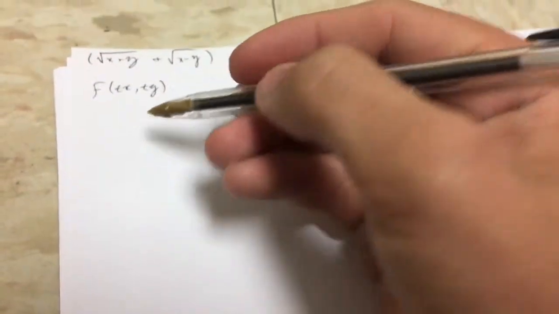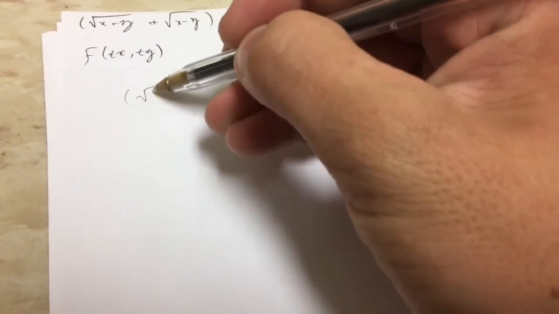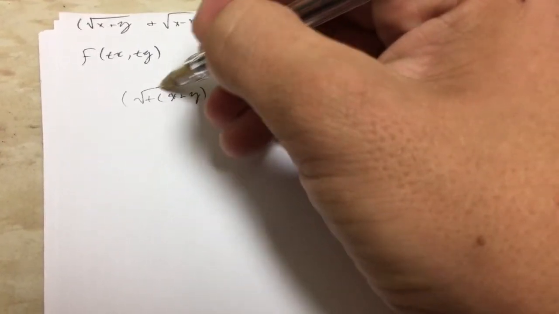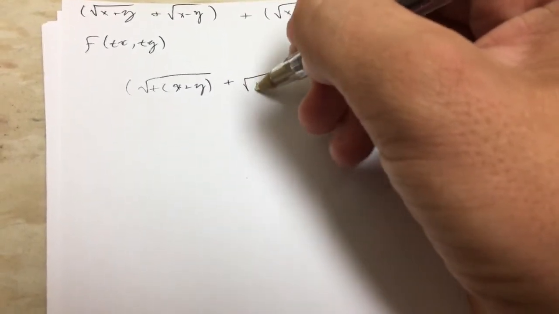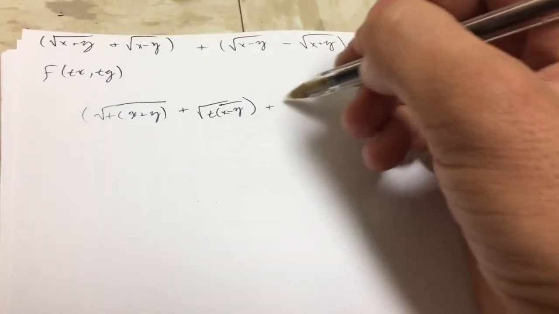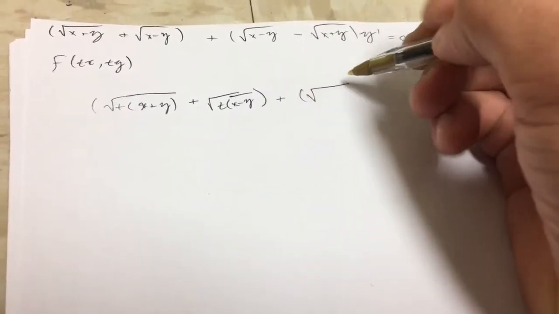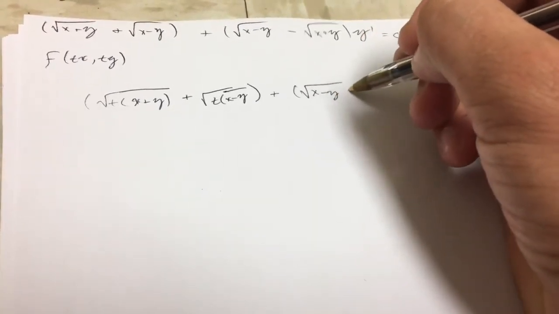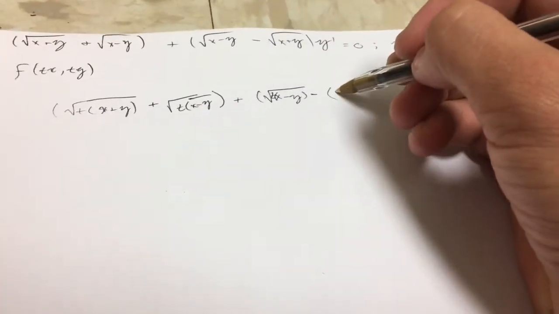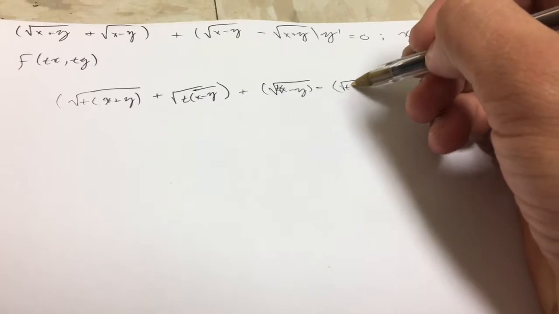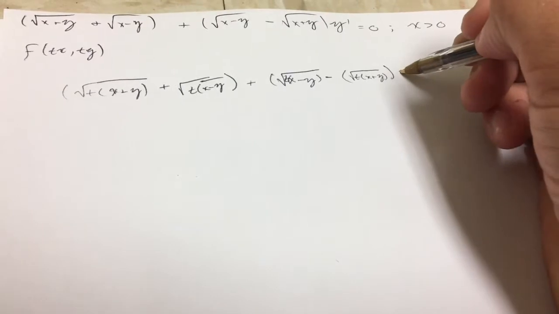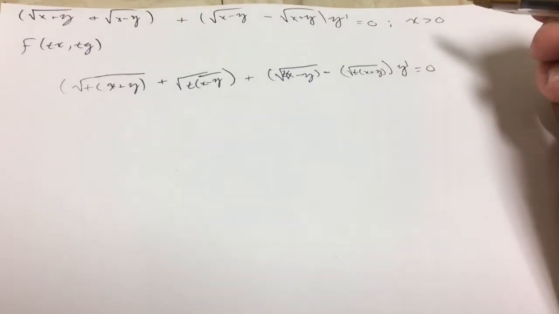And when you do that, you get the square root of t times x plus y, plus the square root of t times x minus y, plus the square root of t times x minus y minus the square root of t times x plus y, times y prime equals 0.